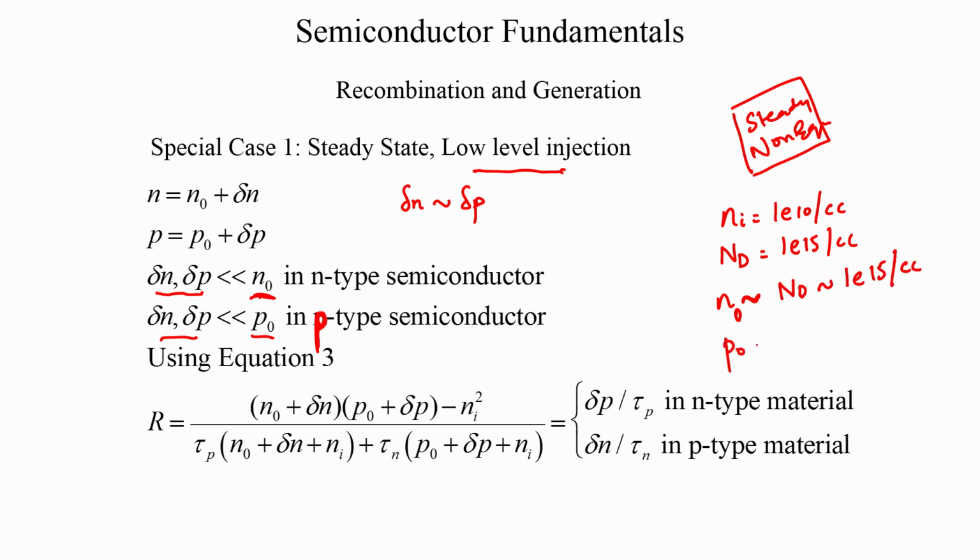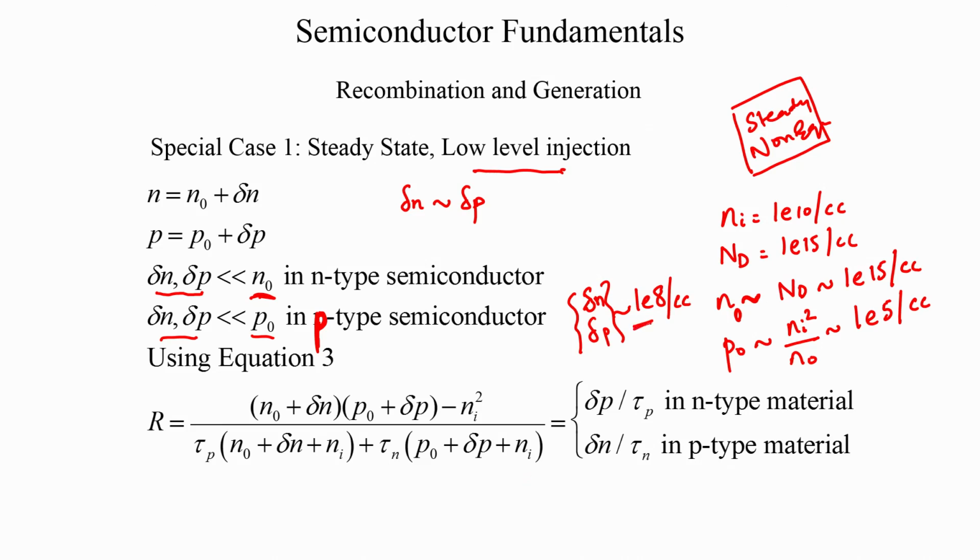My PO is Ni square by NO, which is approximately 1E5 per cc, and my delta N and delta P are, let us say, about 1E8 per cc.